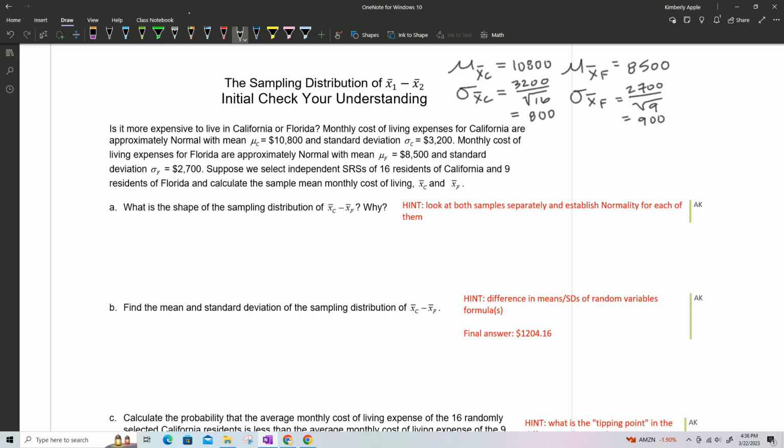So first thing is, what is the shape of the sampling distribution of the difference in means, and why? Well, it's approximately normal. And why is that? Well, we know that both populations are normally distributed.